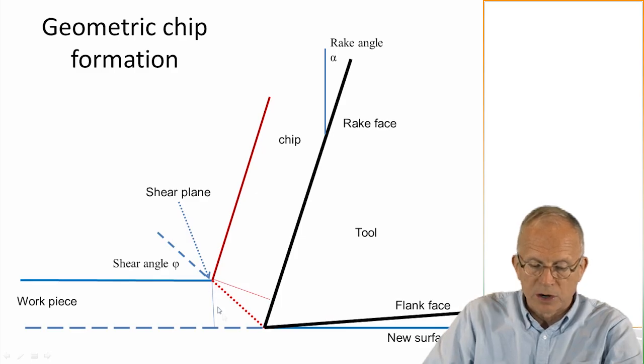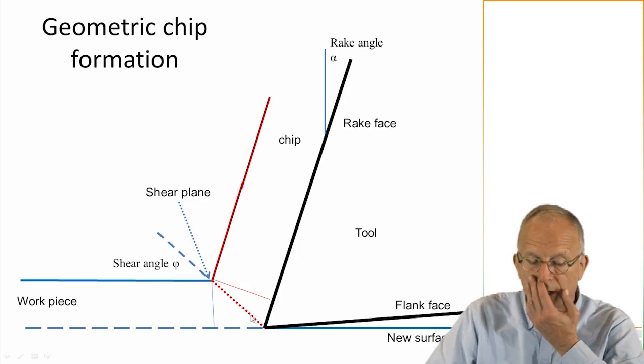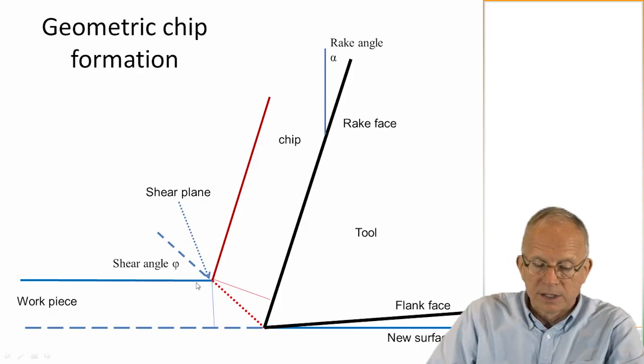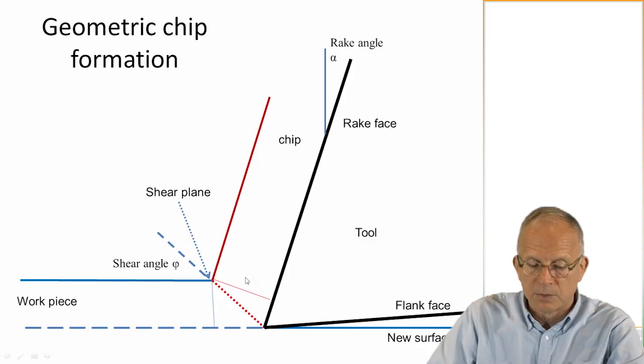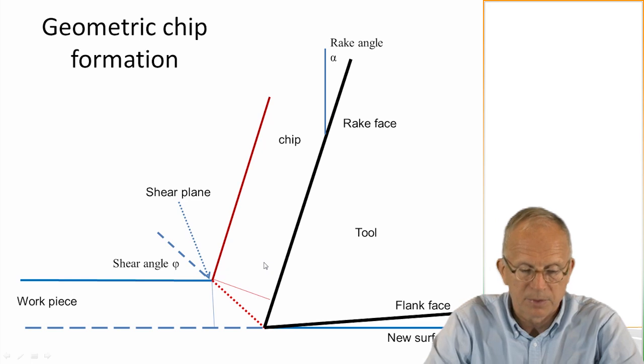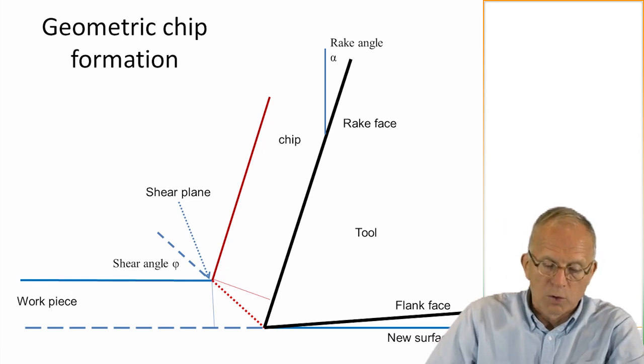Now these triangles share a common hypotenuse because that's a right angle and that's a right angle. And so we can set up an equation where we have these two things being equal. This is T1, this is T2, and then we can develop that relationship for the shear angle, which is here.